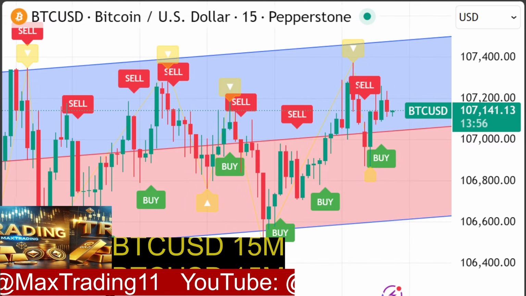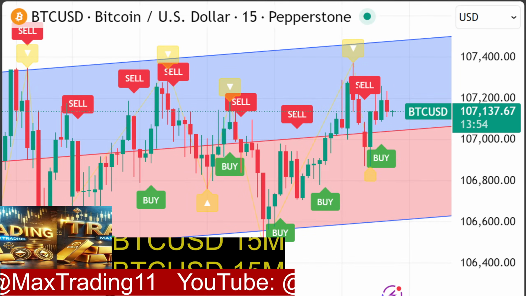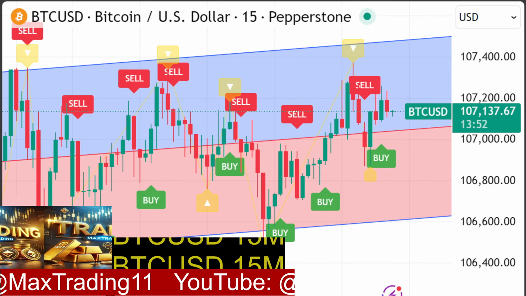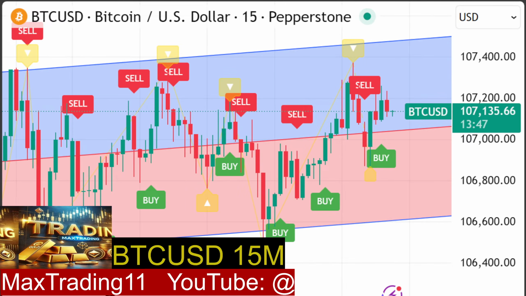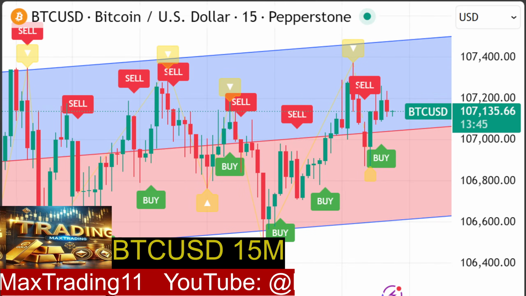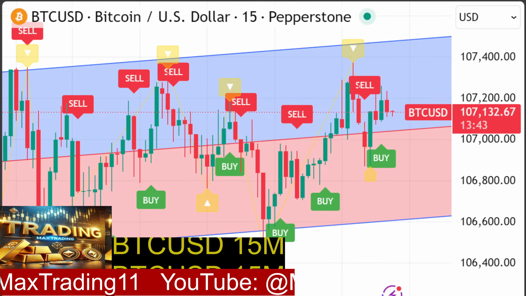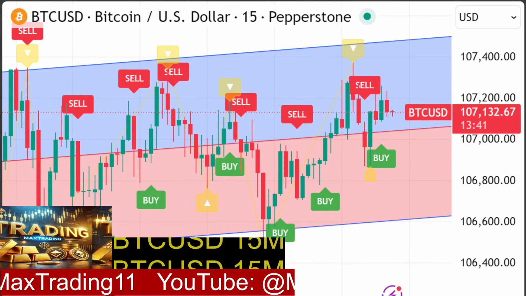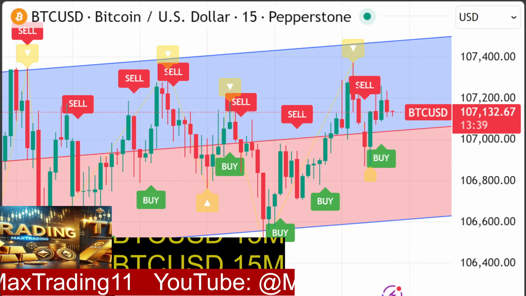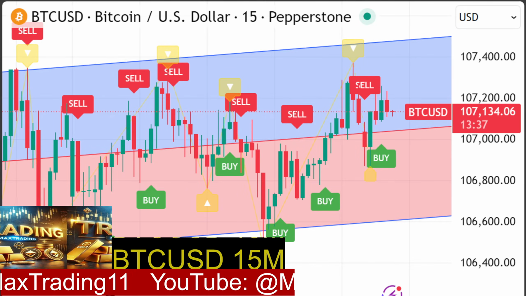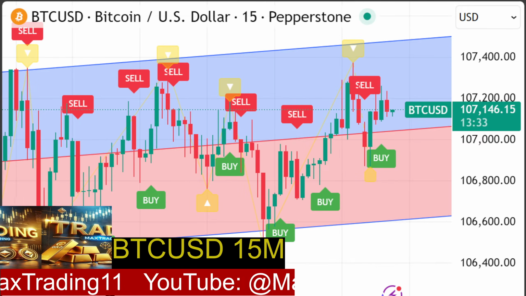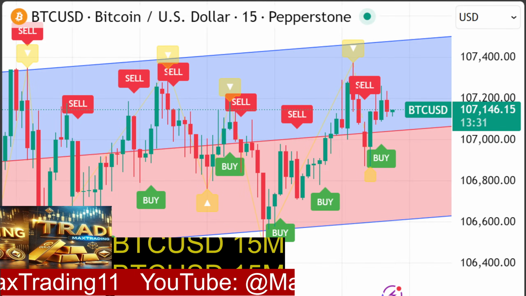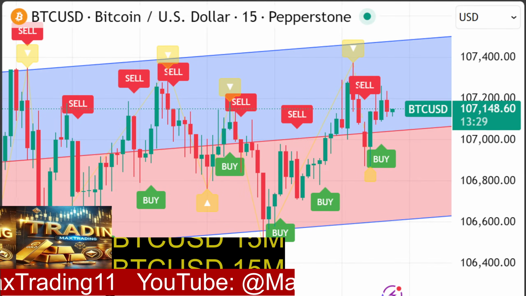Always start with the higher time frames: weekly, daily, 4H, 1H. Identify the major trend. Is the market forming higher highs and higher lows, bullish, or lower highs and lower lows, bearish? Never trade against the structure unless you have a confirmed reversal signal.